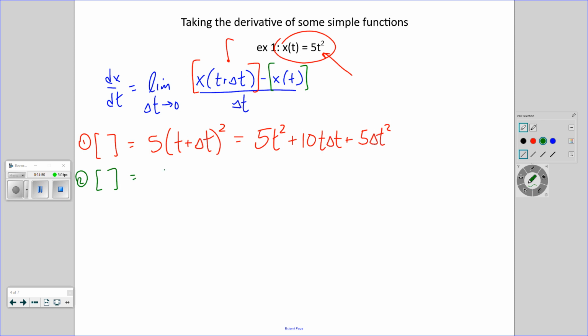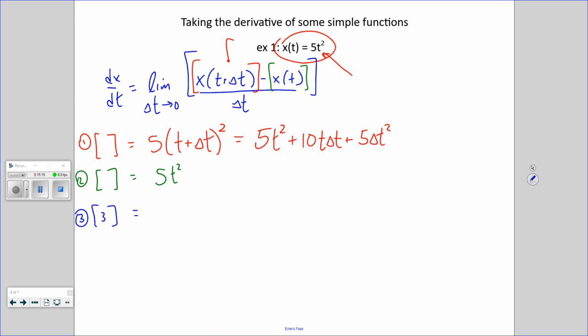That is quite simply 5t squared. If we then subtract the second from the first, what we end up with is this thing minus this thing, and all that happens is the 5t squared terms go, and we get 10t delta t plus 5 delta t squared.